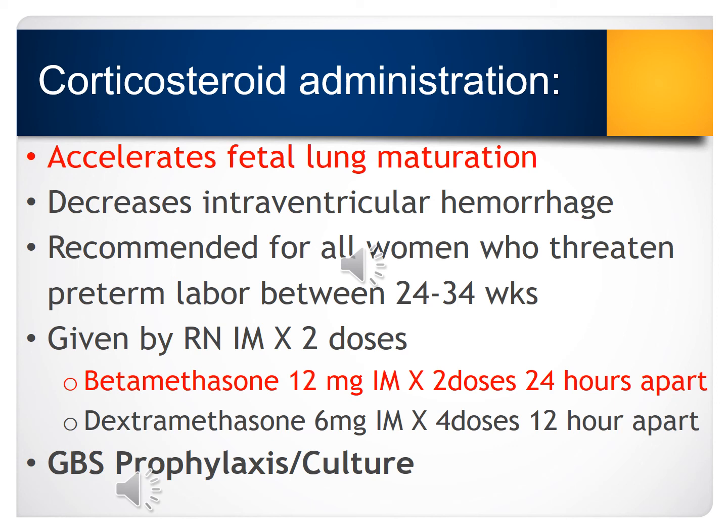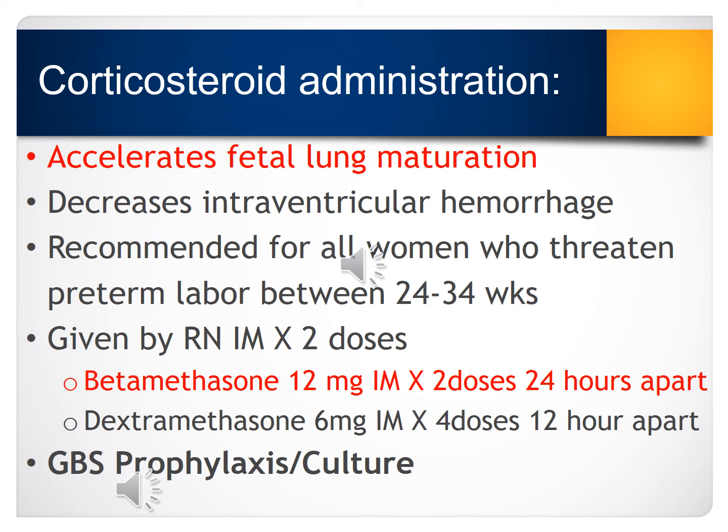And so if we have women who are experiencing preterm labor and they are not at least 35 weeks, we want to get this corticosteroid on board to help increase the chances of that lung maturation.